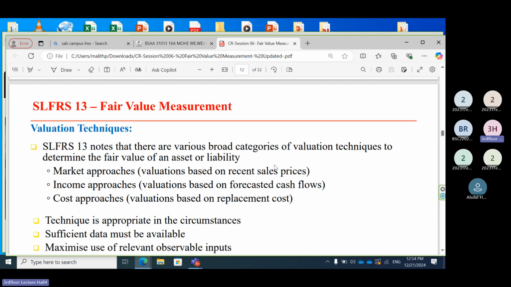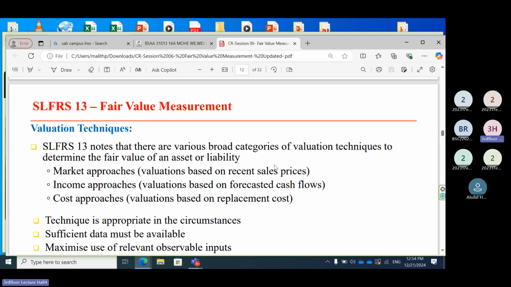The technique must be appropriate in the circumstances, right? And sufficient data must be available. Maximize use of relevant observable inputs. That's really important. Maximize use of relevant observable inputs. That's why we say it's better to use the market approach.